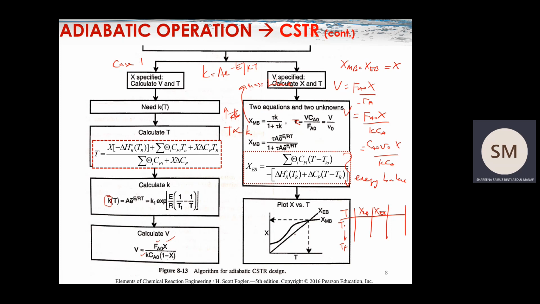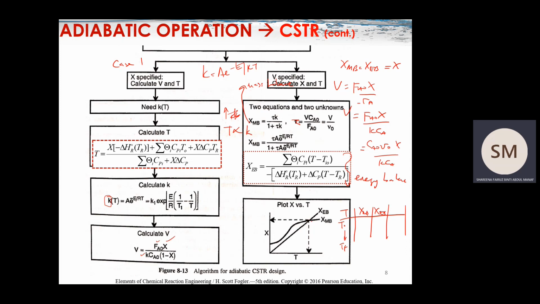So you have a straight line for the XEB, usually a straight line, and XMB ni depends on the derivation ataupun how you rearrange the value. Okay, sometimes it will have straight line like this, sometimes dia akan menurun, depends.